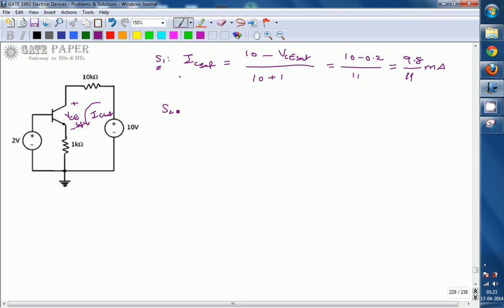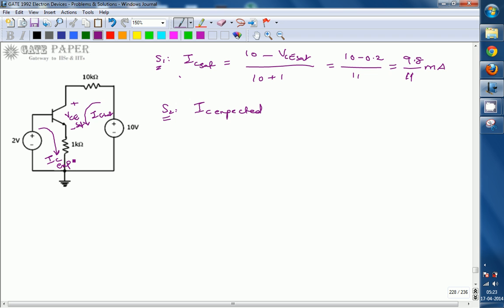The second step is to calculate IC expected. Because of the input voltage you get base drive, and that base drive makes some current flow in this direction. Since the base current is given as 0, we calculate IC expected because of the input voltage.